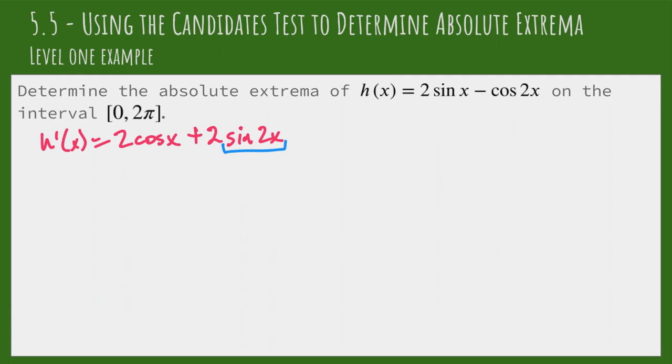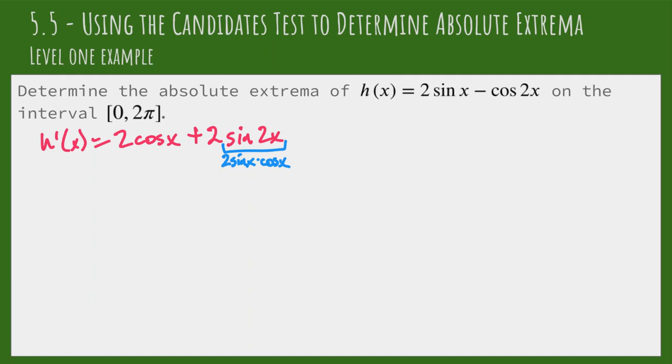Sine of 2x is going to be the same thing as 2 sine of x times cosine of x. Realistically, this question would be a calculator question on the AP test, and then you would be able to use your calculator to graph the derivative and figure out where it's 0. I want to do it analytically, so I'm pulling in this identity here.